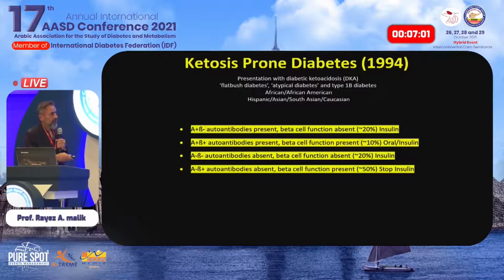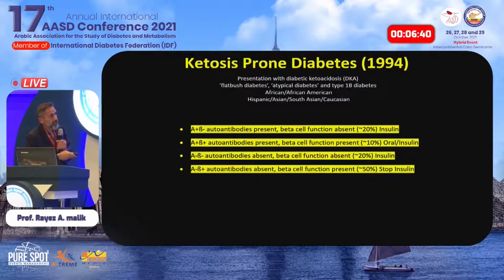The other subgroup of patients who, again, we think have type 1 diabetes, but actually have a different type of diabetes, is this ketosis-prone diabetes. Originally described in 1994 in a place called Flatbush in the USA.